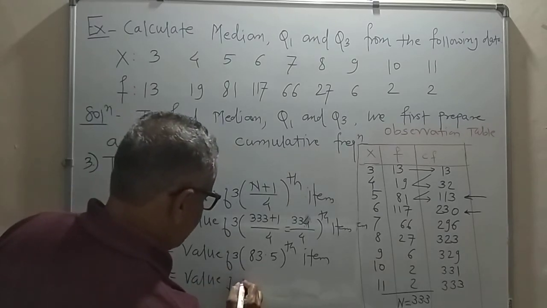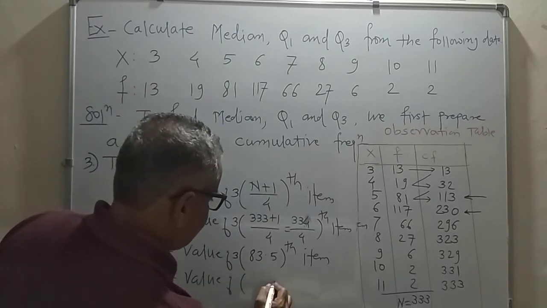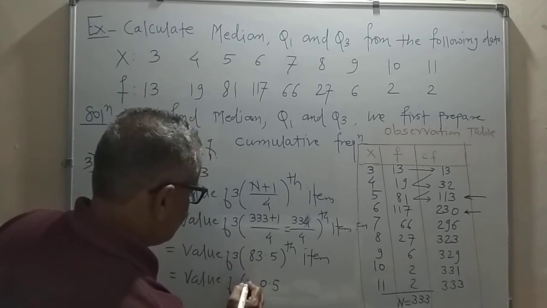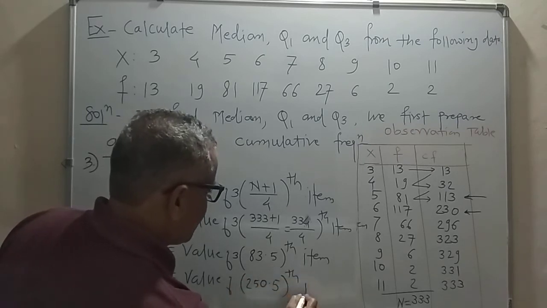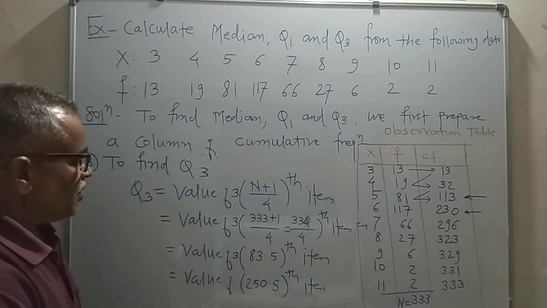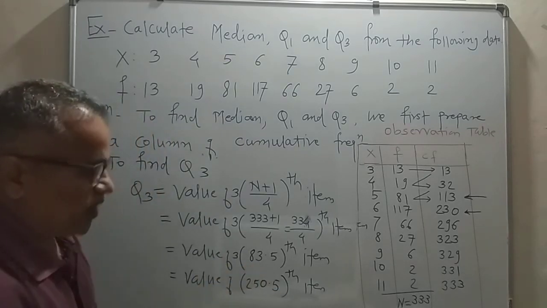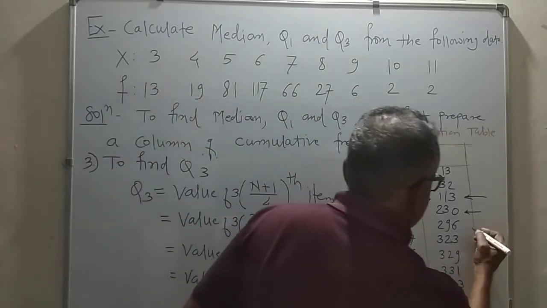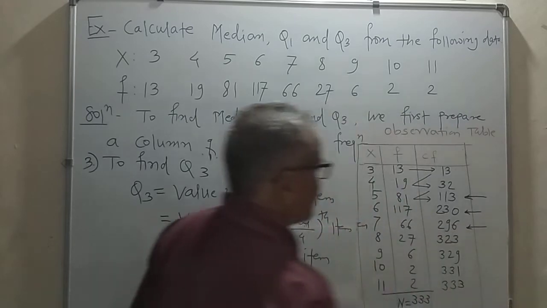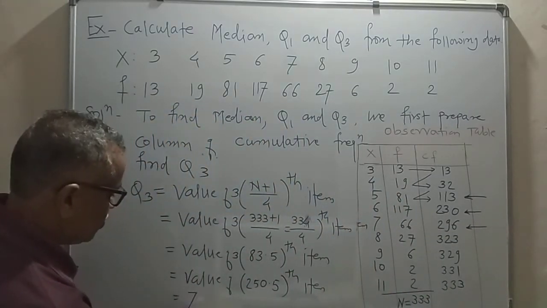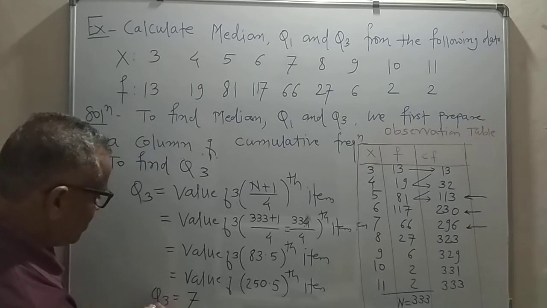So here we get 250.5th item. Again we look for the just greater value than this term, and here we get 291. Its corresponding x value is 7. So Q3 is equal to 7.